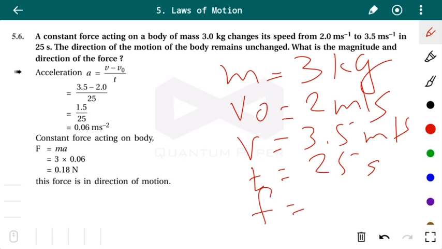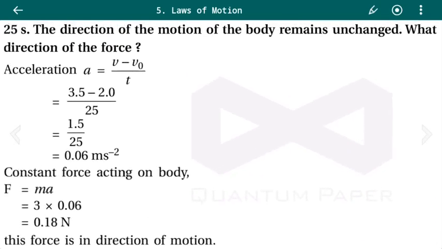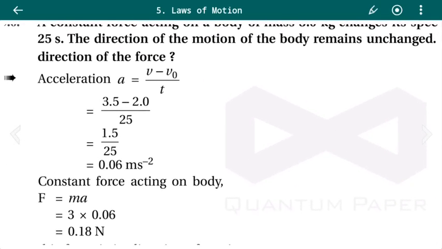Here we need to find force. So we can use the equation F equals to ma. But here we do not know A. So we will be using these three data to get the value of A. So as you can see over here, acceleration equals to V minus V0 by T, because we know the acceleration formula, that is change in velocity upon time.